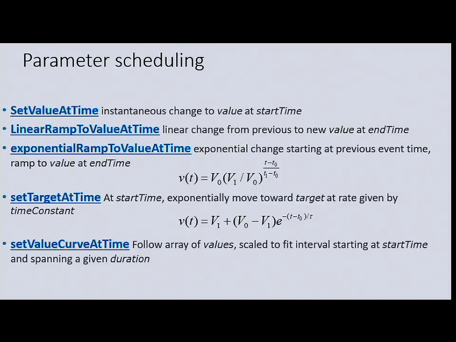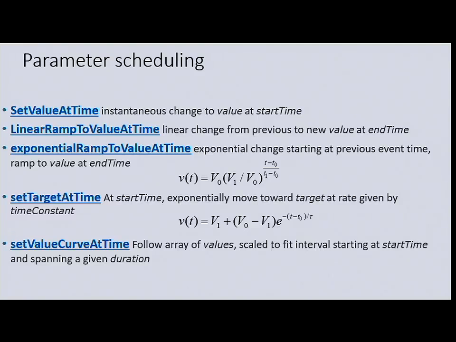The ramping can be linear or exponential, and it's a bit tricky because they have two ways of doing the exponential, but you'll see what I'm talking about over the next couple of slides. One way is to say that, just the same way as the linear ramp from 0 to 1, it's going to ramp exponentially from 0 to 1. So you'll have a curve that goes like that, or a curve that goes like that.